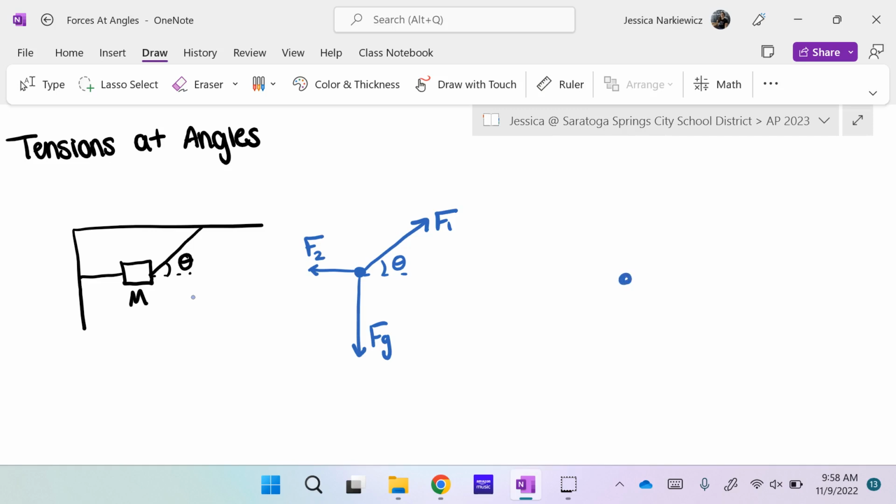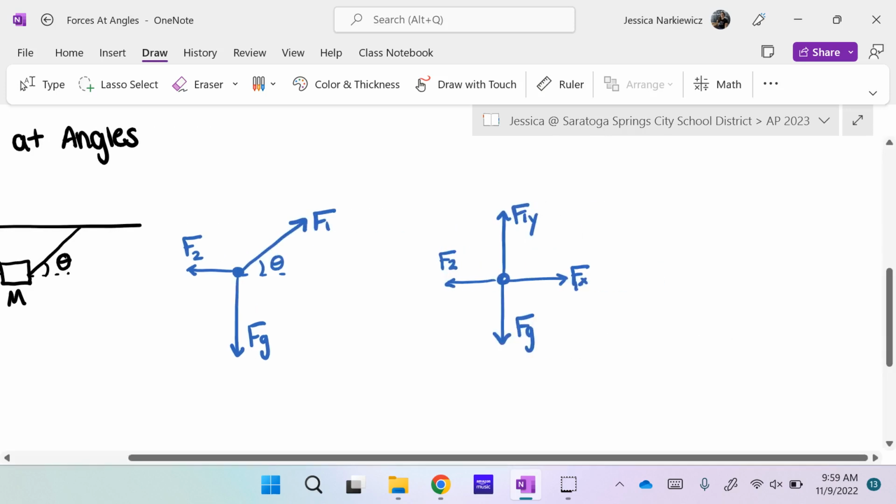This isn't what's actually acting. The first free body diagram is what's actually acting. This new one makes my life more convenient because it allows me to see how the y component of the tension and gravity should compare, and how the x component of the tension and that other F2 should compare. Now here, this block is at rest.